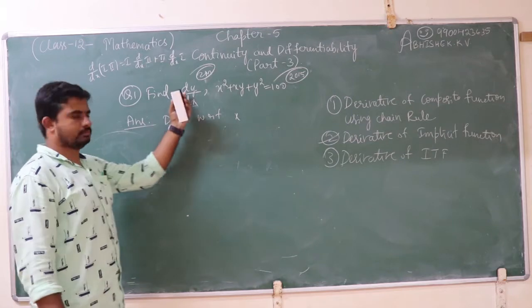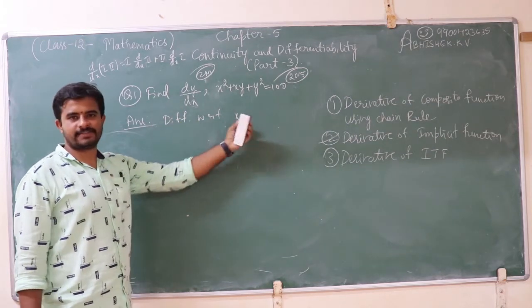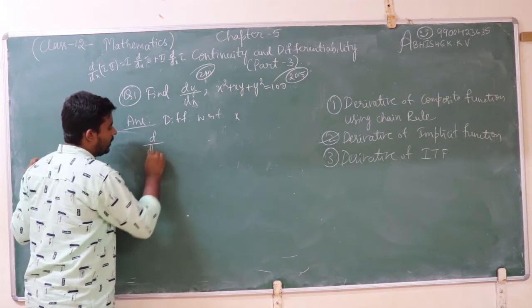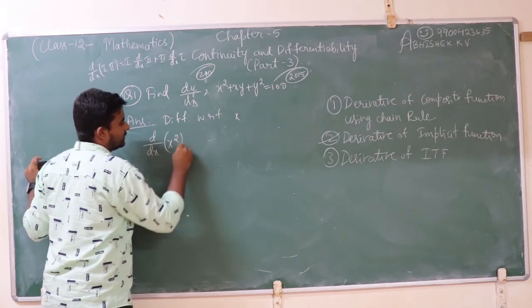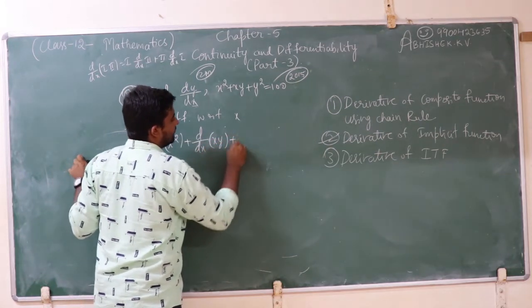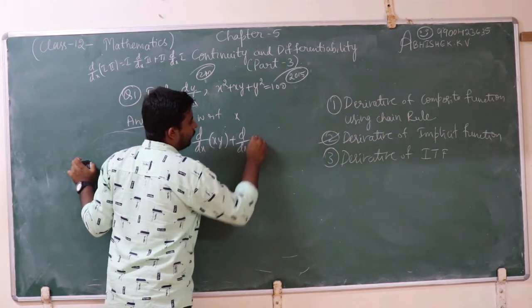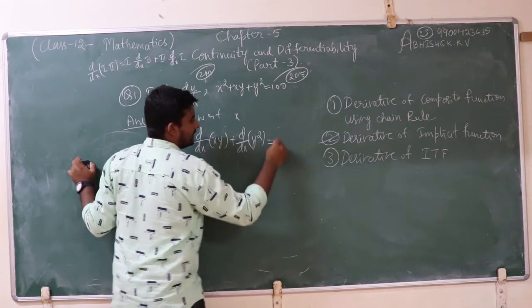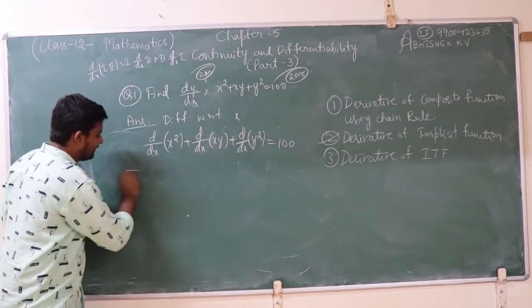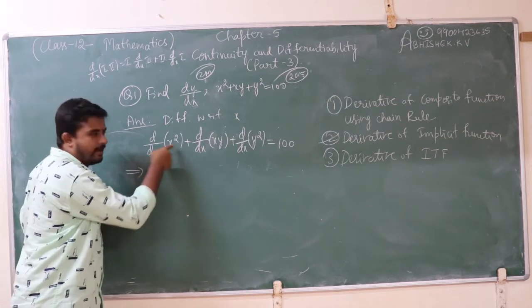See again, same rule: differentiate with respect to x for the given function. I am going to apply the derivative d by dx of x square plus d by dx of xy plus d by dx of y square is equal to 100.